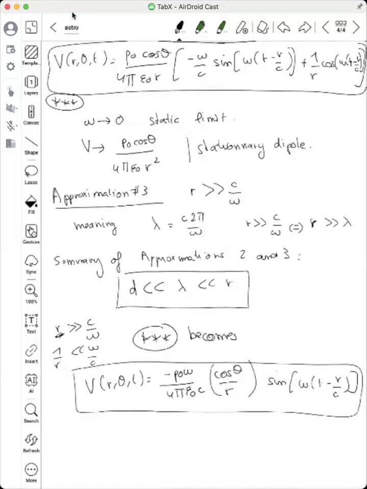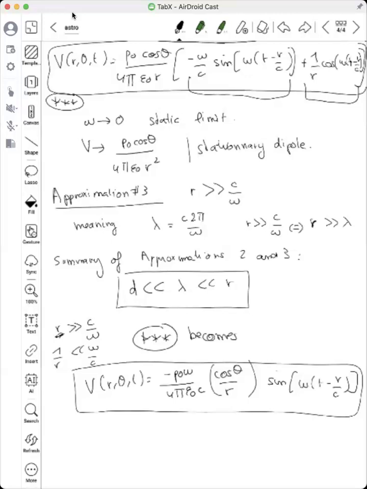Why? Because let's look at the potential. I have here two terms, right? If omega C is much larger than 1 over R, then the first term of this potential is much larger than the second term.